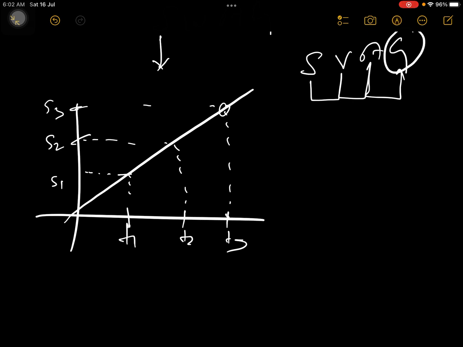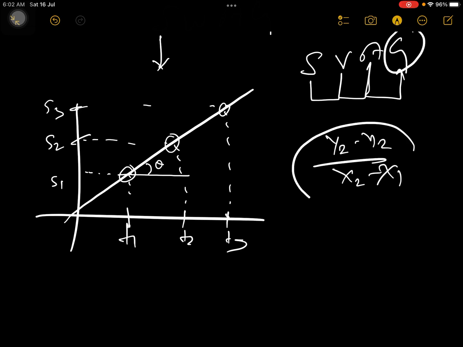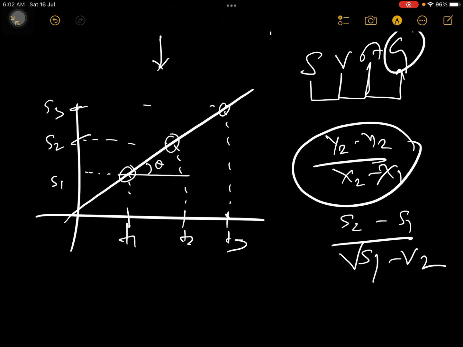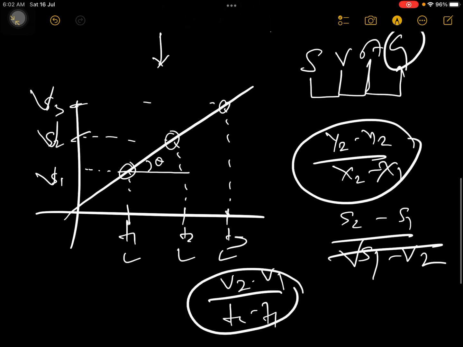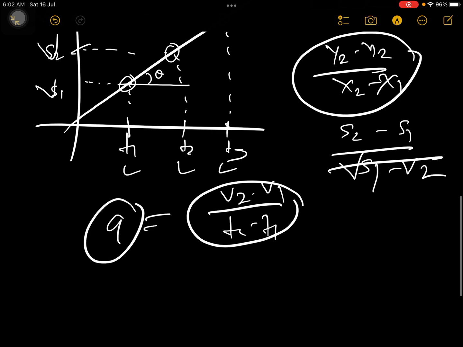If you want to find the slope, you find this angle and then take tan, and that will be your slope. For that you can use this coordinate and this coordinate and apply y2 minus y1 divided by x2 minus x1 on the xy axis, or simply v2 minus v1 divided by t2 minus t1. If you do this, you will get your acceleration, correct?